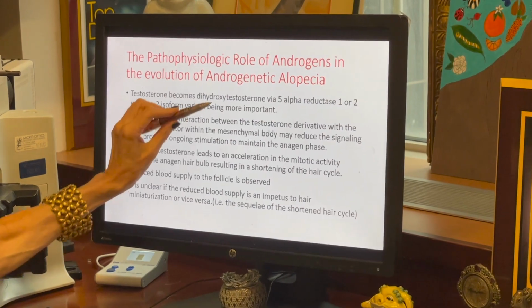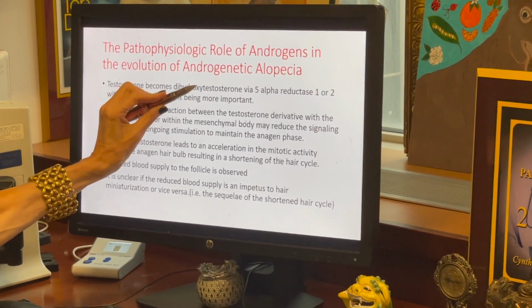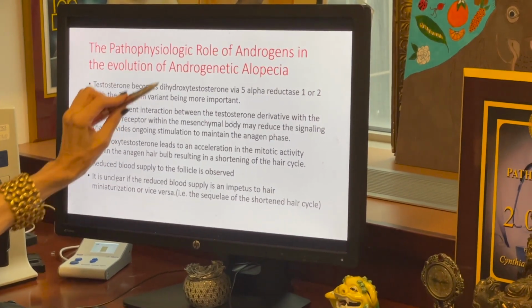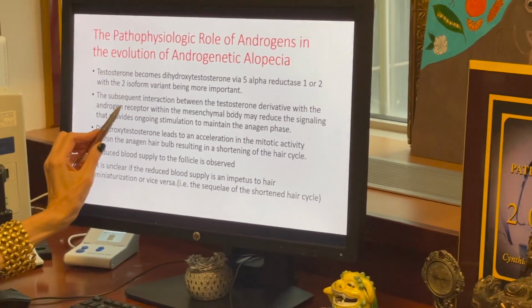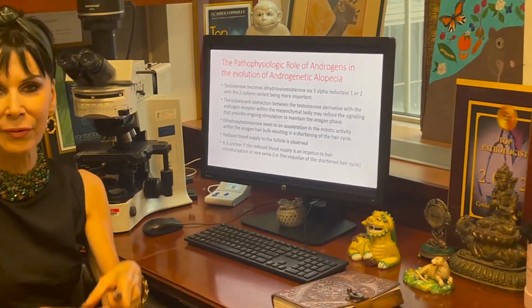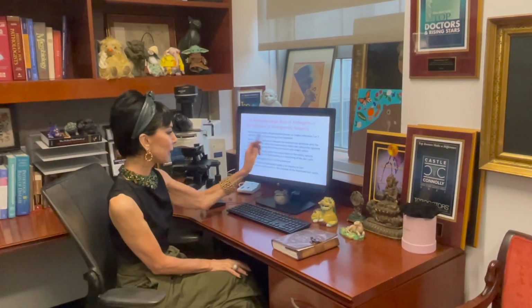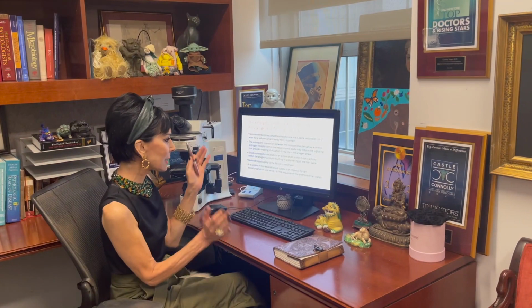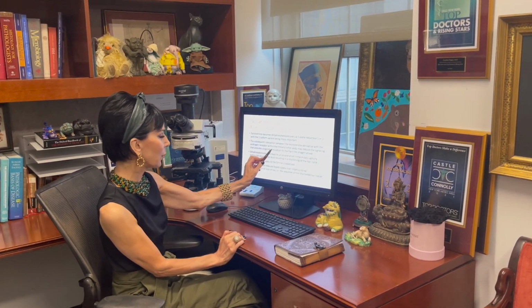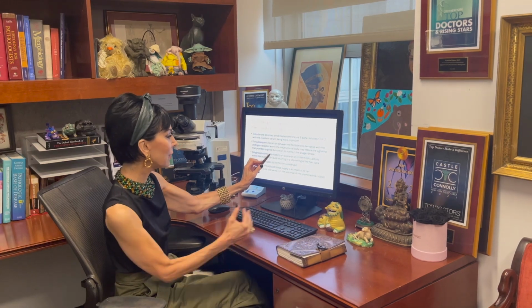Well, testosterone becomes dihydrotestosterone via 5-alpha reductase. The interaction between that testosterone derivative with the androgen receptor within the actual mesenchymal body of a terminal hair, or the so-called dermal papillae of the terminal hair, presumably is key to the acceleration of the hair cycle. It may reduce the signaling that provides ongoing stimulation to maintain the anagen phase.